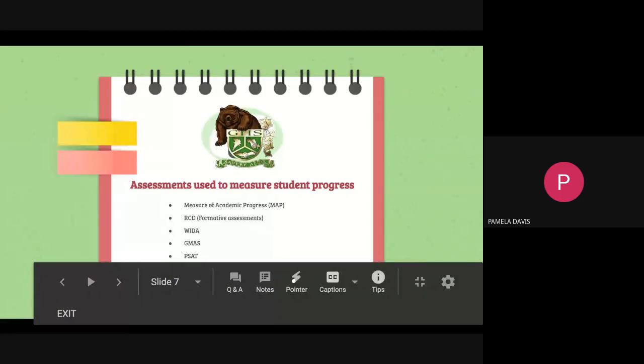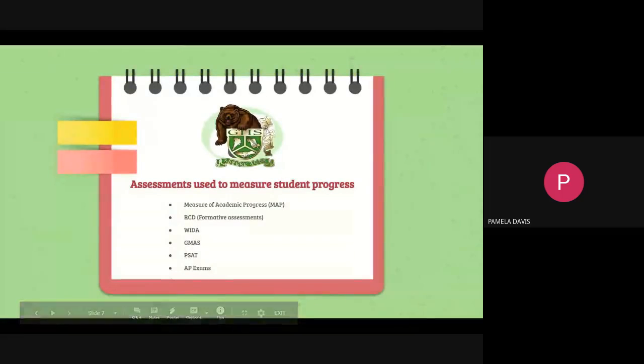Okay, let's go to one of the national tests. I see I covered GMAS, but PSAT. PSAT is the preliminary SAT. It is given to identify students that may qualify for National Merit Scholarships.